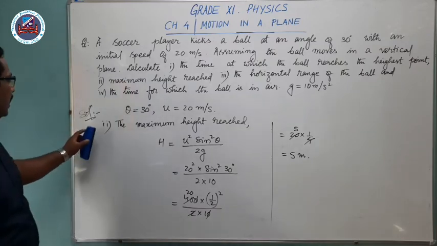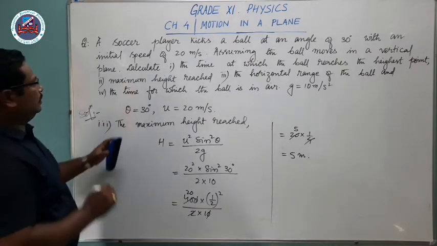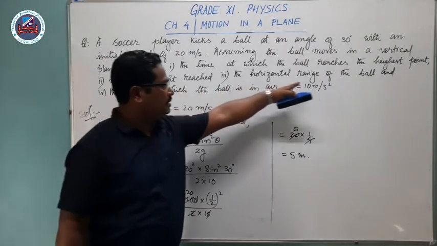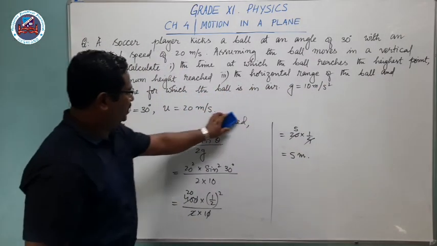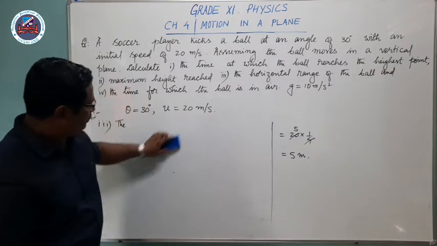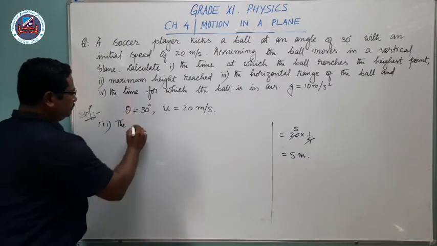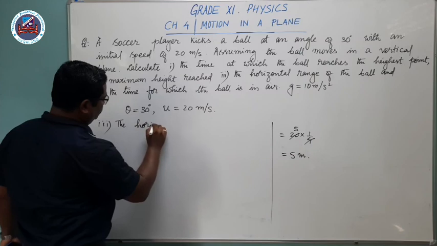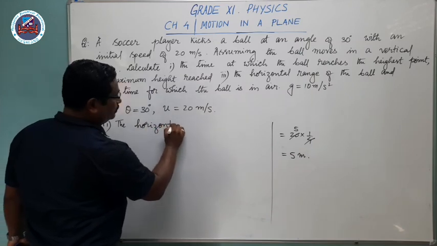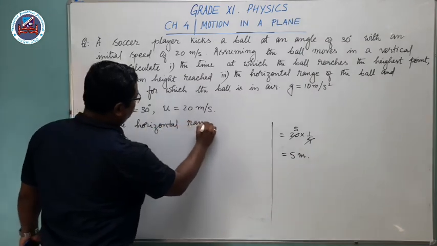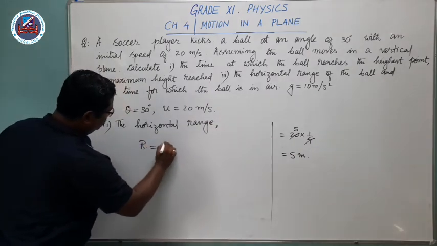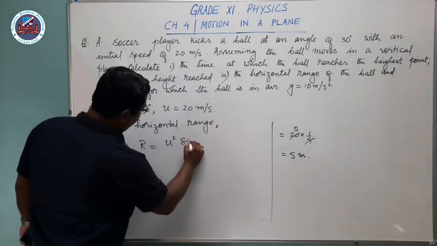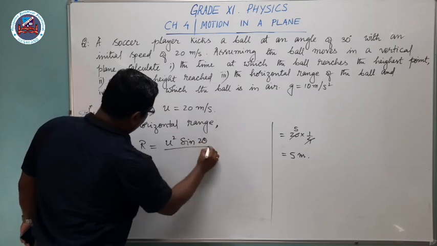Then the third one, the horizontal range of the ball. To find the horizontal range, your formula is R is equal to u square sin 2 theta divided by g.